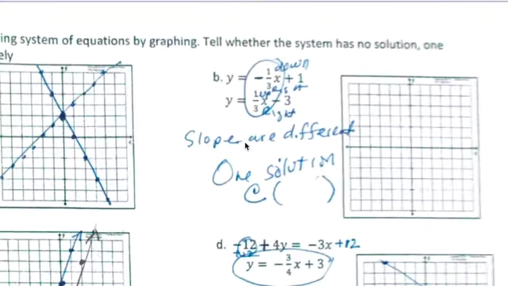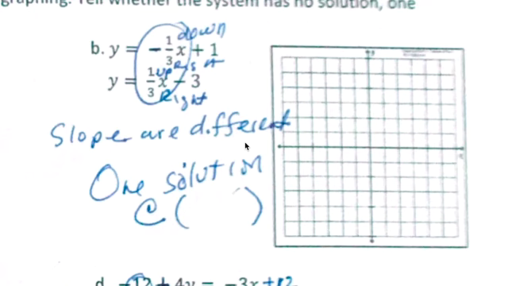You graph these. So the first graph is this one here, starting at 1, going down 1, and right 3. Down 1, right 3. Like that. And then this one here, starting at negative 3, go up 1 to the left 1.